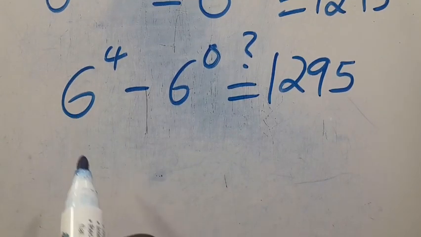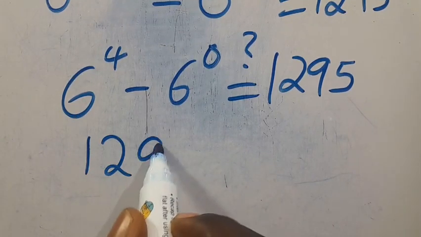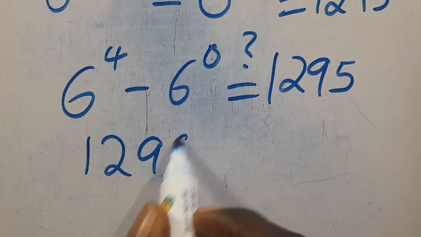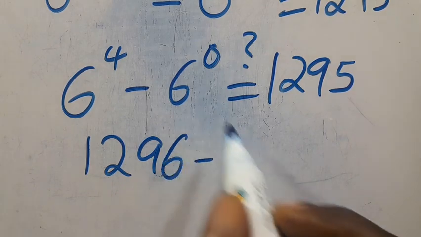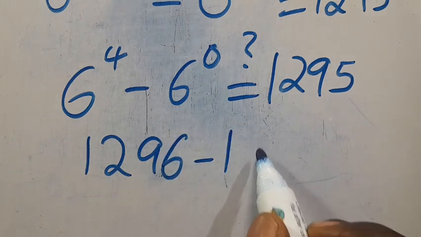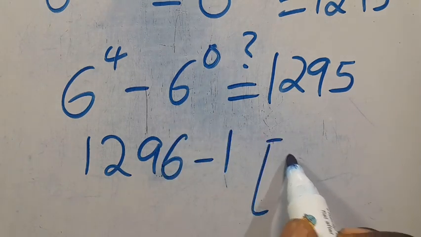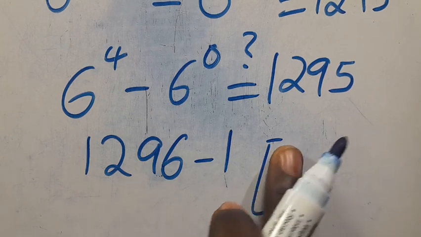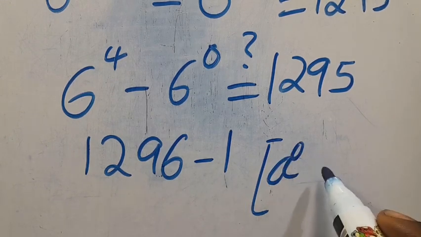6 to the power of 4 is 1296, minus 6 to the power of 0, which is 1, because any number raised to the power of 0 equals 1.